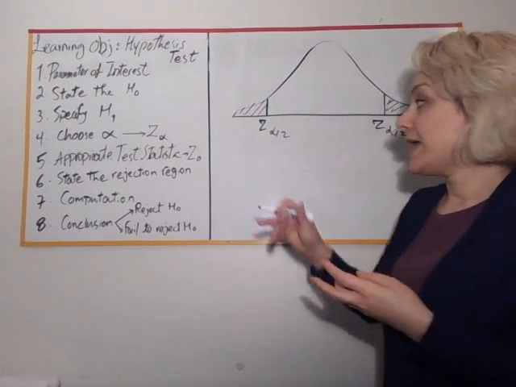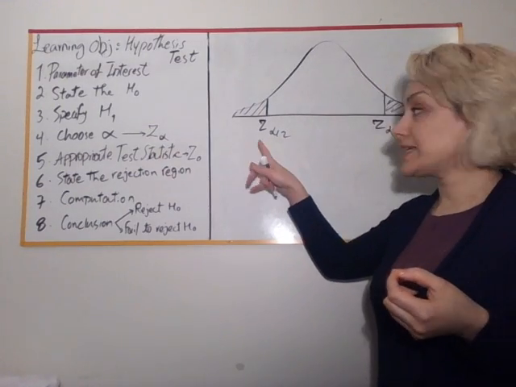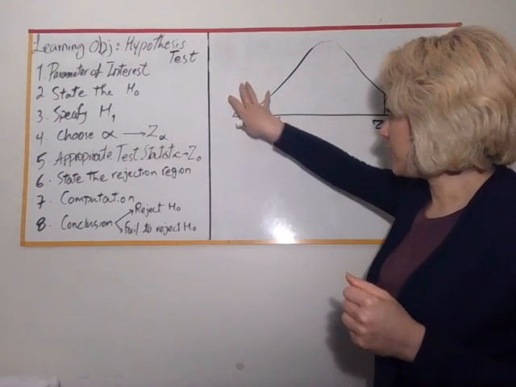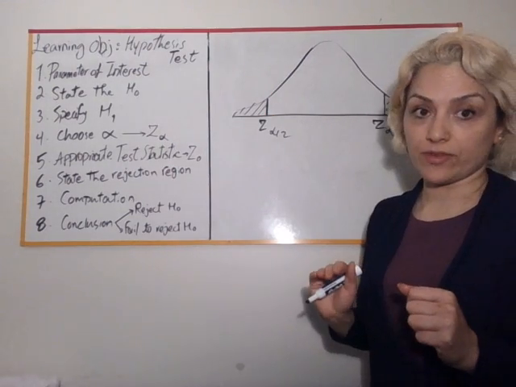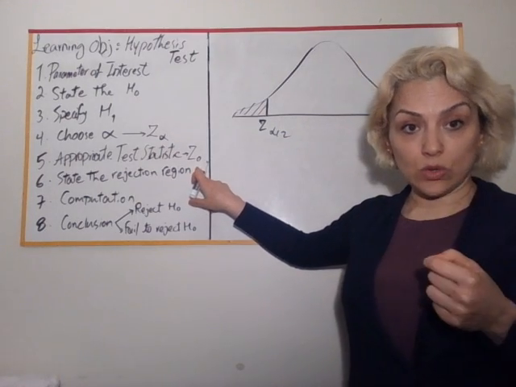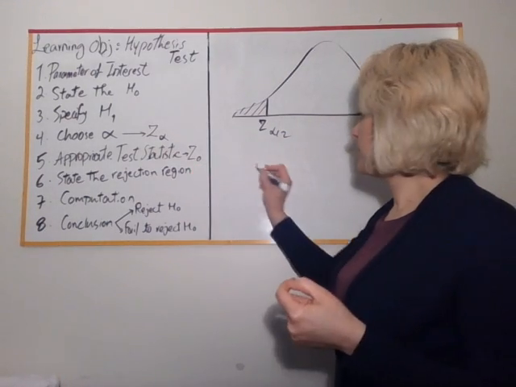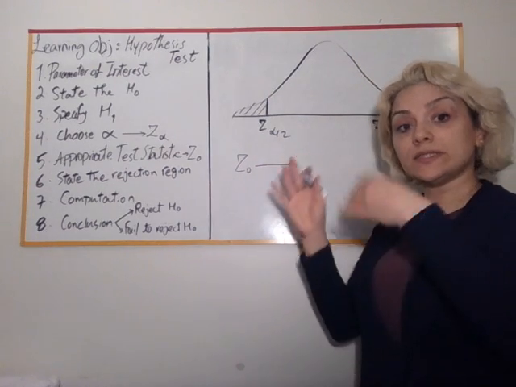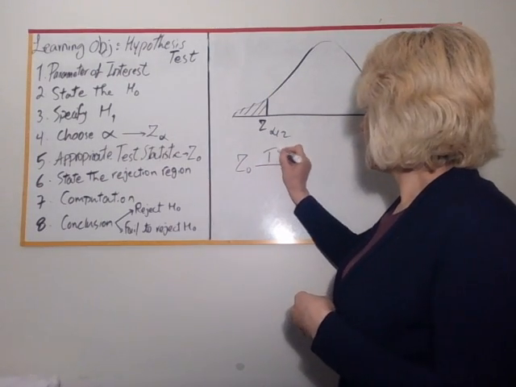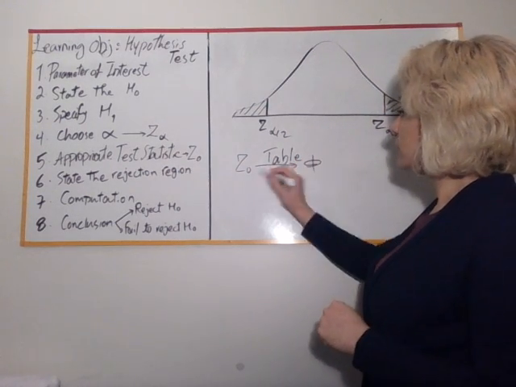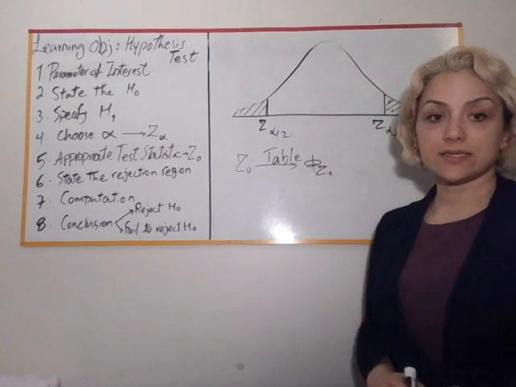What about if we were doing something else? I have this half of the alpha, and I know that all of this area is half of the alpha. What about if, when I find my Z null from the test statistic, I go back to the table and find the phi for this Z null?